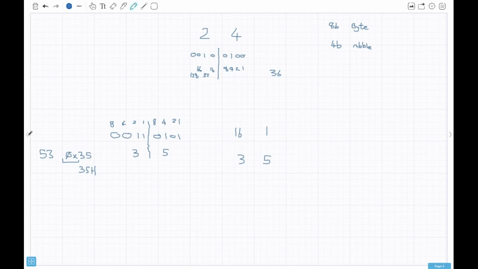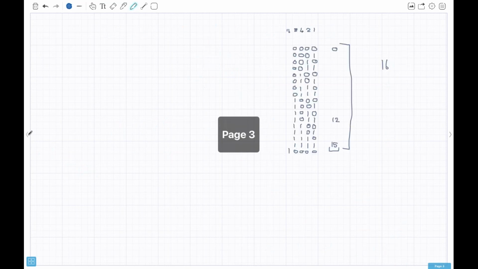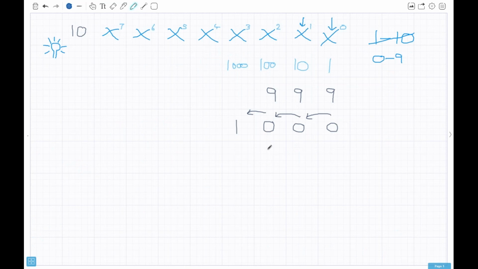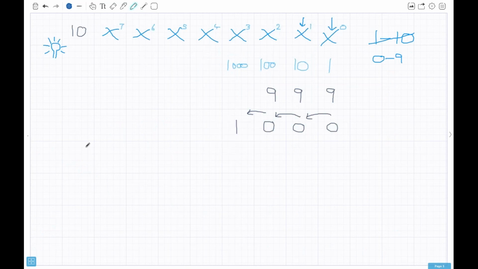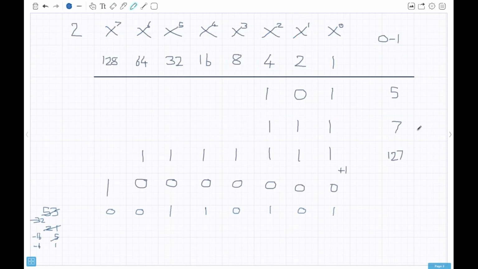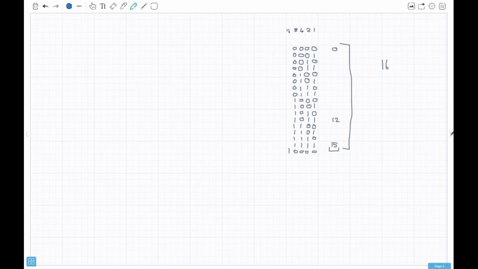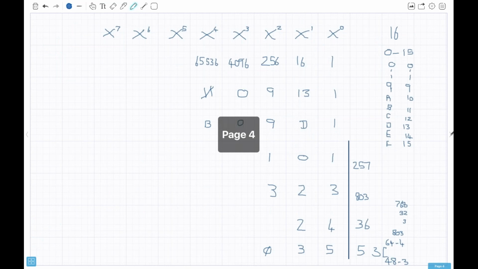So we learned about decimal, and we talked about binary, a quick way to write down numbers.